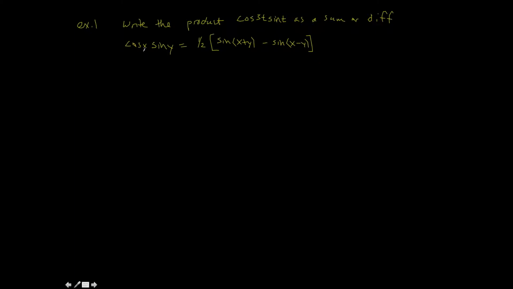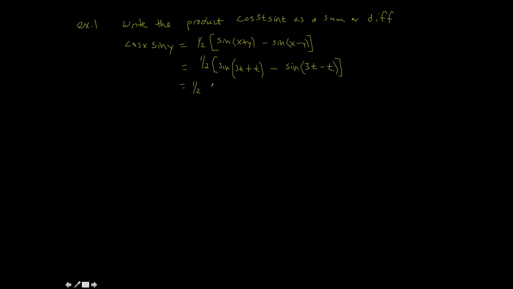The only difference is where we have x and y, we're going to have 3t and t. So x in this case is 3t, y in this case is t, so I'm going to put 3t and t in, just like so.